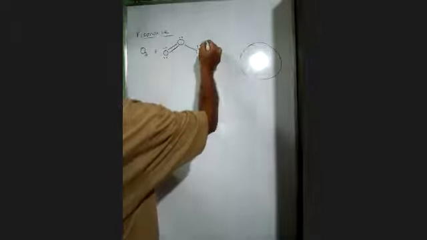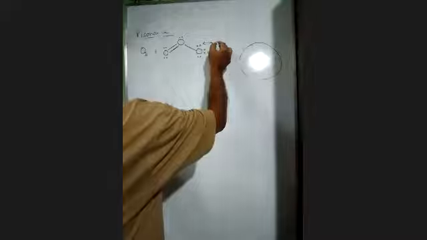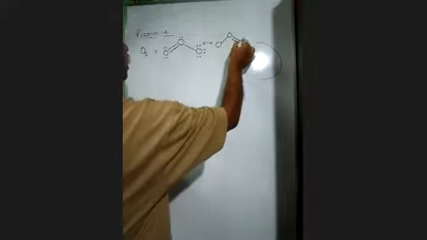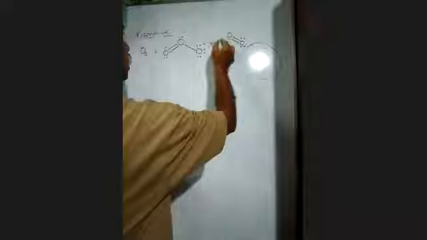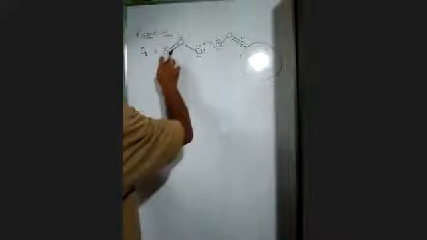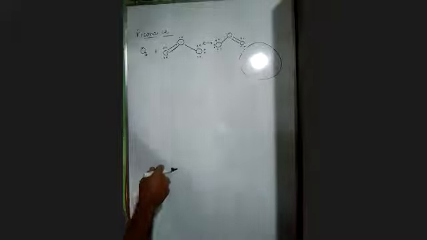How is it possible? Then we find that the double bond is migrating. If it is the first oxygen, second and third, then between first and second it goes to second and third, like this. These electrons are migrating.